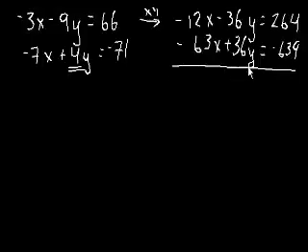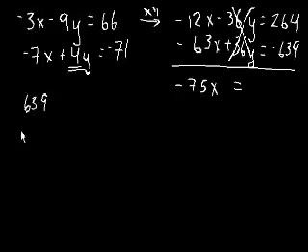Okay, now we add the two equations. Minus 12 minus 63, that's minus 75x. These cancel out, equals 264. So let's see, what's 639 minus 264? See, I do this in real time. I don't use some kind of solution manual or something.